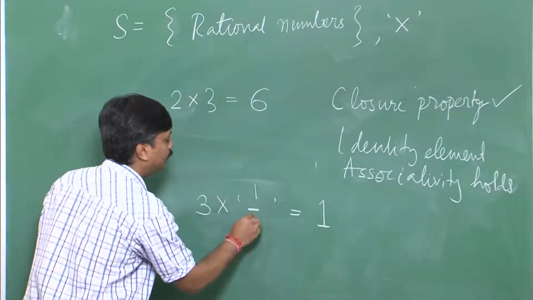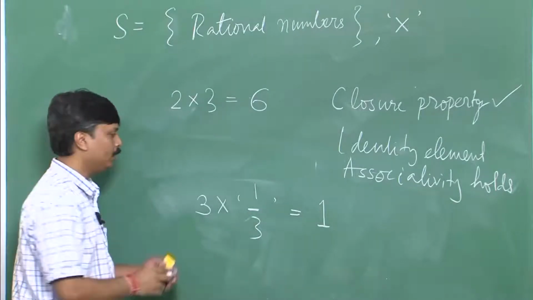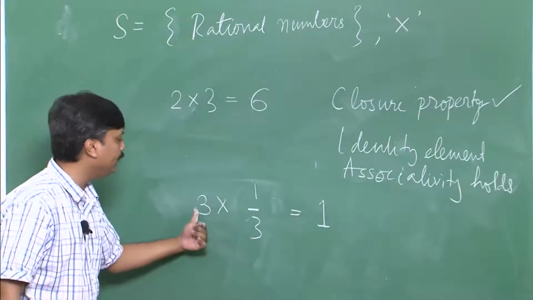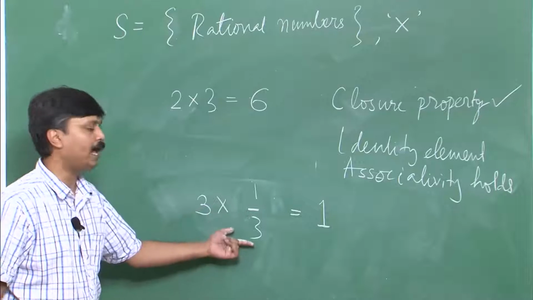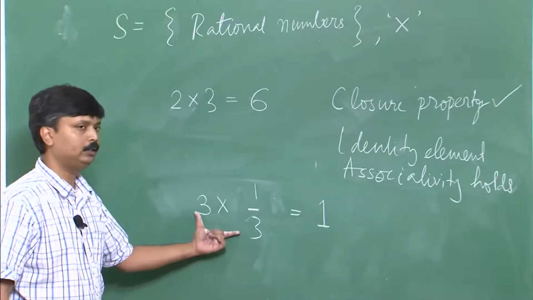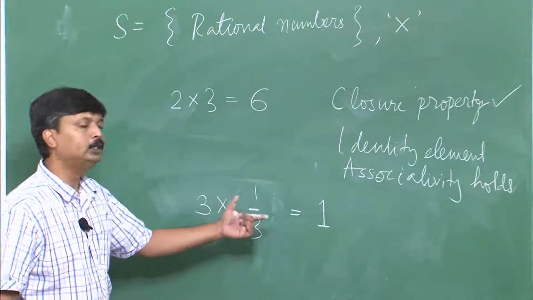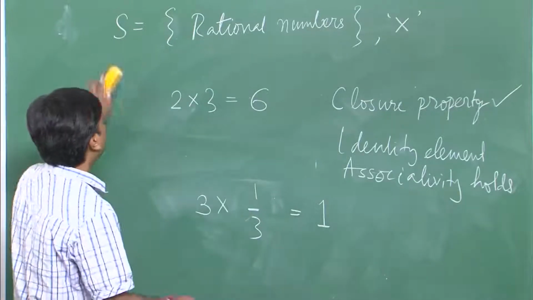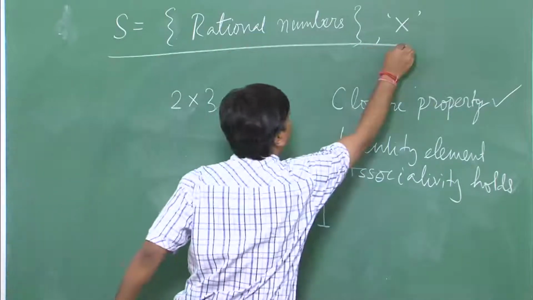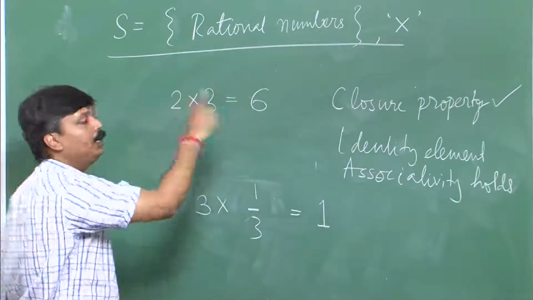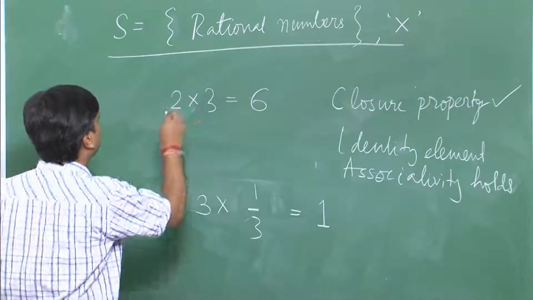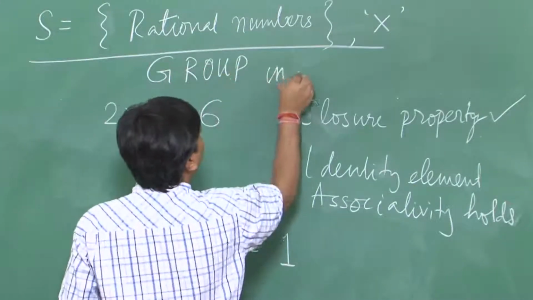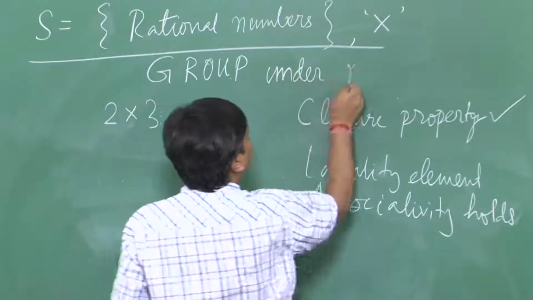So for any given element such as 3, always I have 1 upon 3, and this combination, that is the multiplication of 3 and 1 upon 3, is going to give me unity, which is the identity element for this group. So this particular set of rational numbers is a group under the binary operation multiplication. So I can call it a group under multiplication.